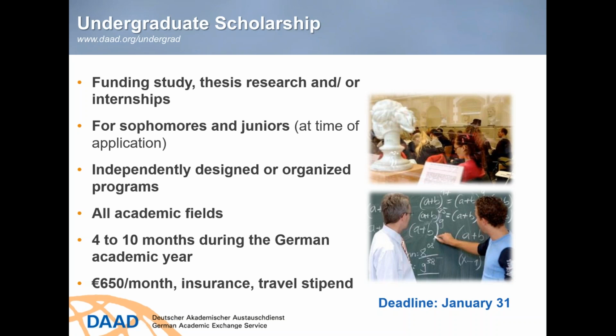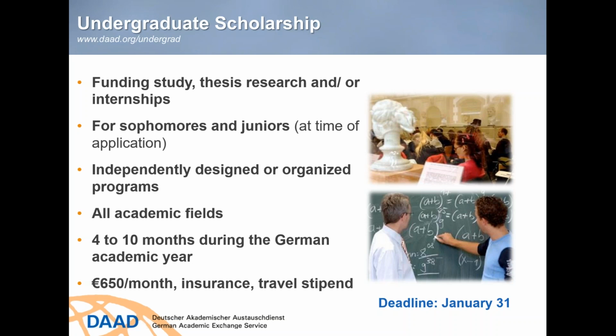The undergraduate scholarship is open to sophomores and juniors to fund study, thesis, research, and/or internships in Germany that are either independently designed or part of an organized program. All academic fields are welcome, and the funding period can be between 4 to 10 months during the German academic year, which starts on October 1st.